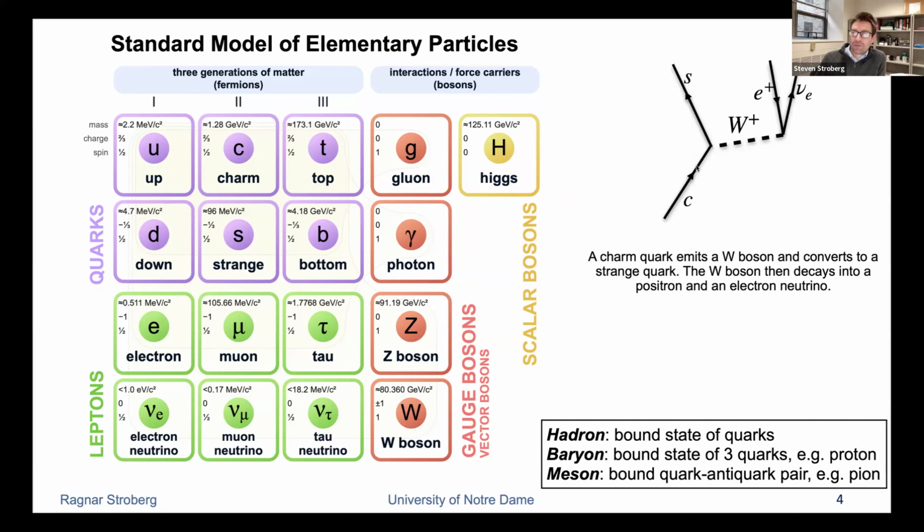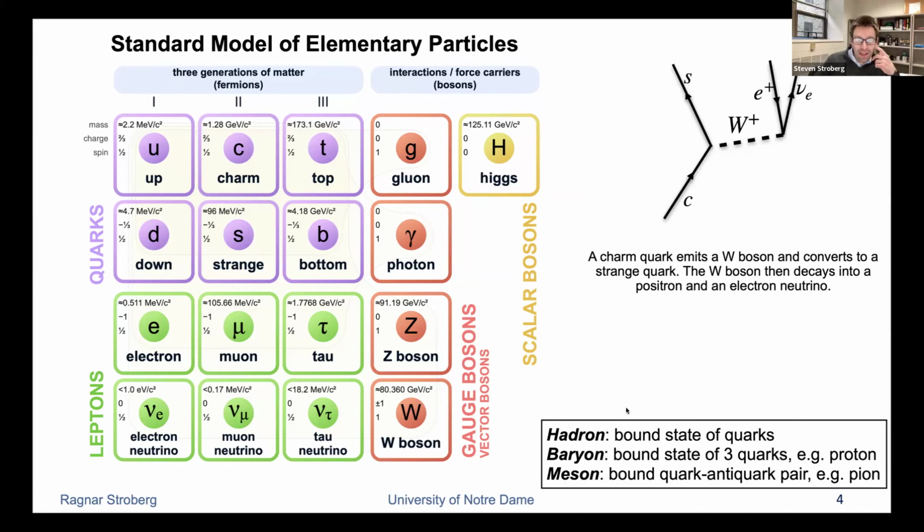We can often sketch, using Feynman diagrams, interactions between these different constituents. So for example, a charm quark can turn into a strange quark, emitting a W boson, and then that W boson might turn into a positron and an electron neutrino. That's how you can interpret those pictures.